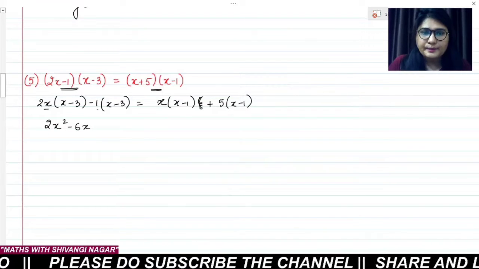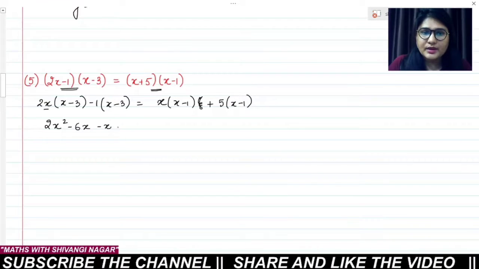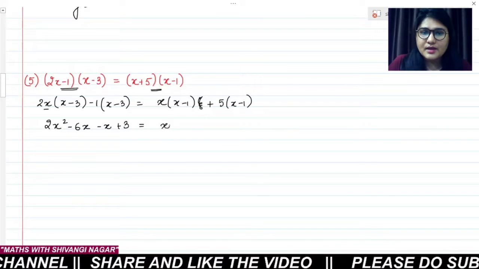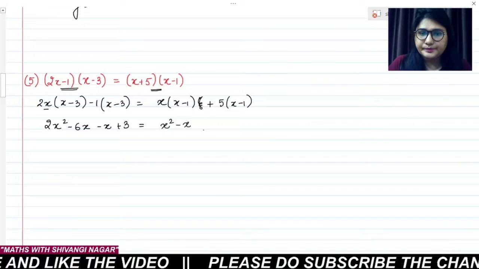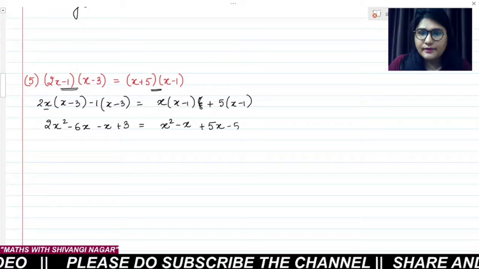Minus 6x. Minus 1 into x is what? Minus x. Minus 1 into minus 3 is what? Plus 3, equals x into x is x square. x into minus 1 is what? Minus x plus 5x minus 5.